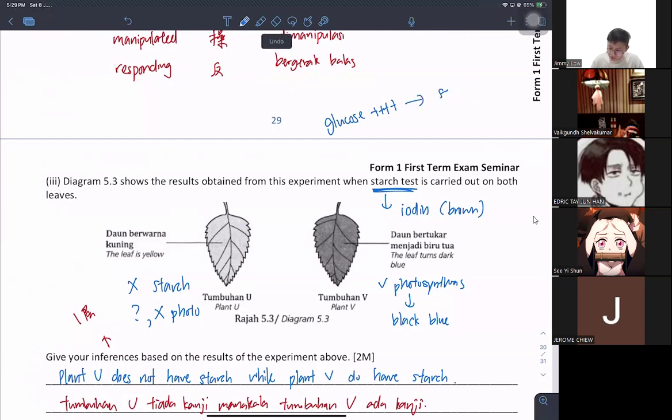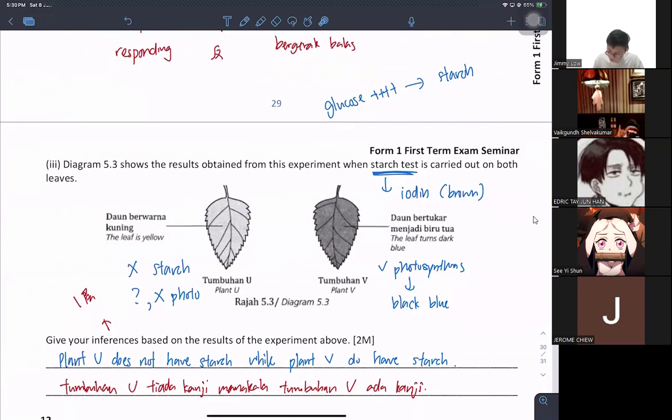So if you want to know whether the plant has photosynthesis, you test whether there is starch or not. If there is starch, it turns into blue-black color, biru tua. If no starch, then no change. No change means no photosynthesis.